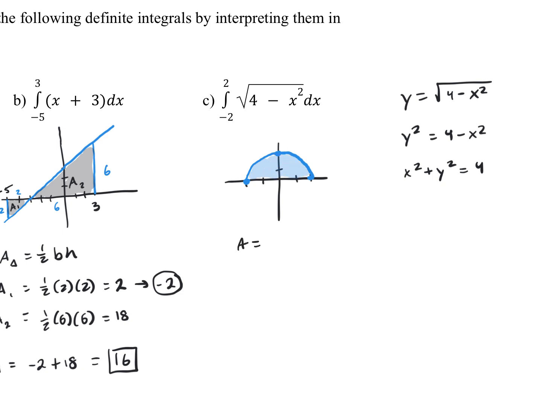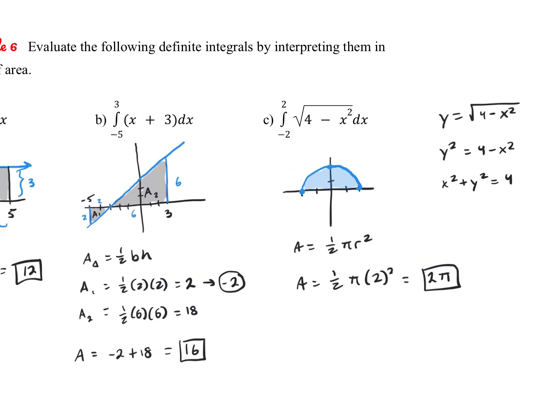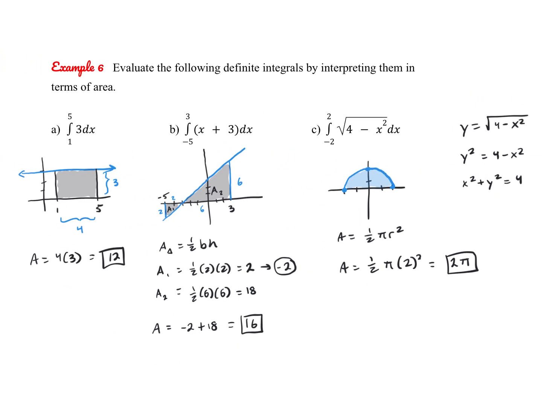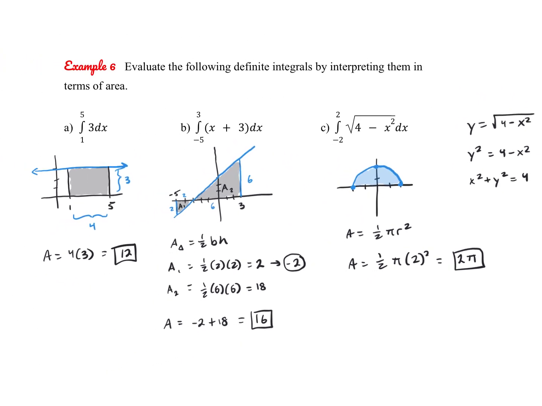So here our area is going to be 1/2 times pi r squared, because it's just the top half of our circle. So our area is going to be 1/2 times pi, and we know that our radius is 2, so 2 squared. So the area of our semicircle is 2 pi. That is the area under the curve, and therefore what our definite integral is equal to.